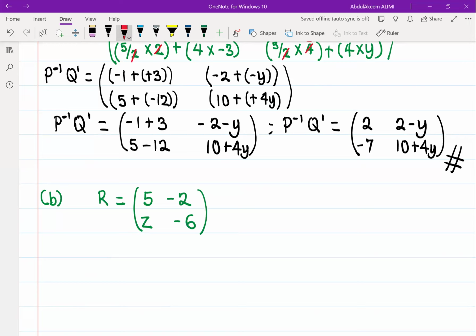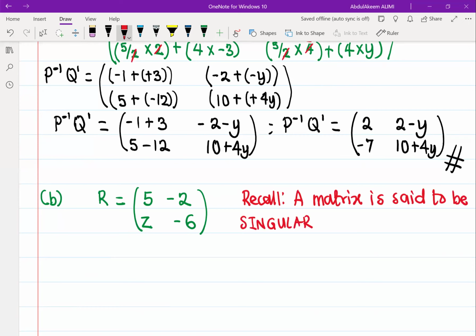For this one now, you will recall that a matrix is said to be singular when the determinant is equal to 0.